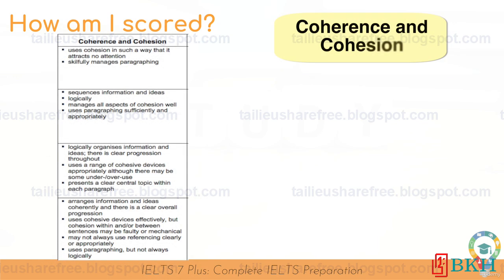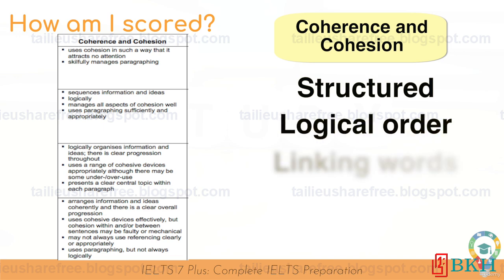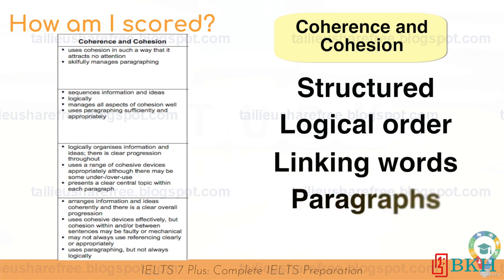The second band descriptor is coherence and cohesion. To score highly here, you need to logically organise your essay. That means you can use the 4-step structure, which I briefly showed you in the last lesson, to help present and organise your essay. It's really important to remember that each paragraph has one big idea.